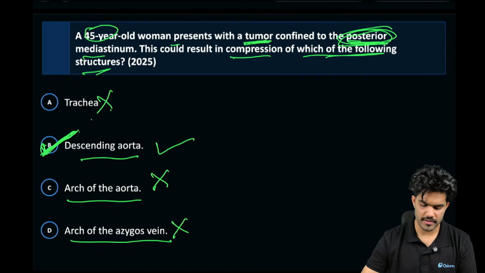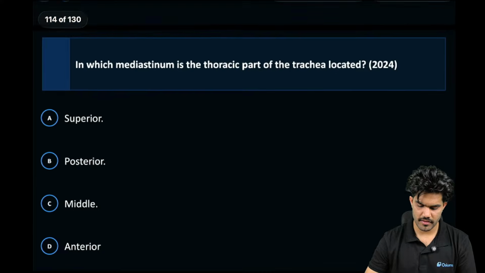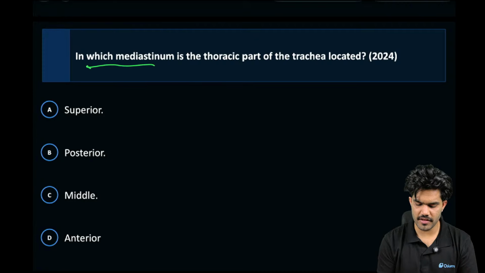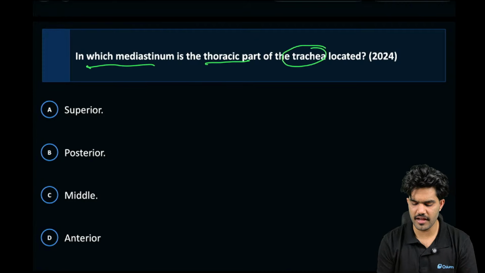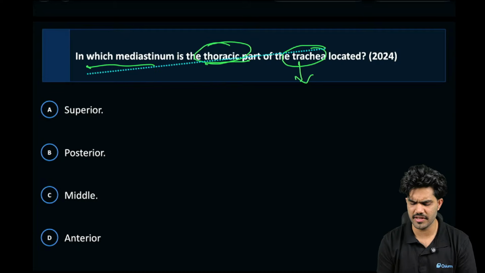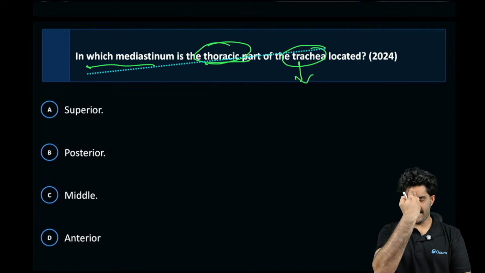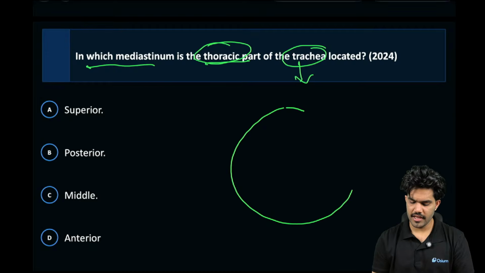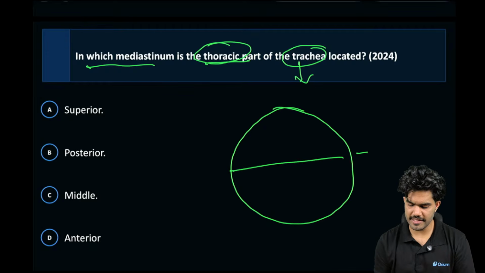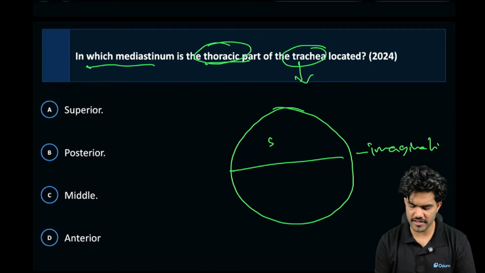Now, in which mediastinum is the thoracic part of the trachea located? Simple and easy question. If I take a sagittal section, it will be like this. This is the imaginary line which divides the superior mediastinum and the inferior mediastinum.